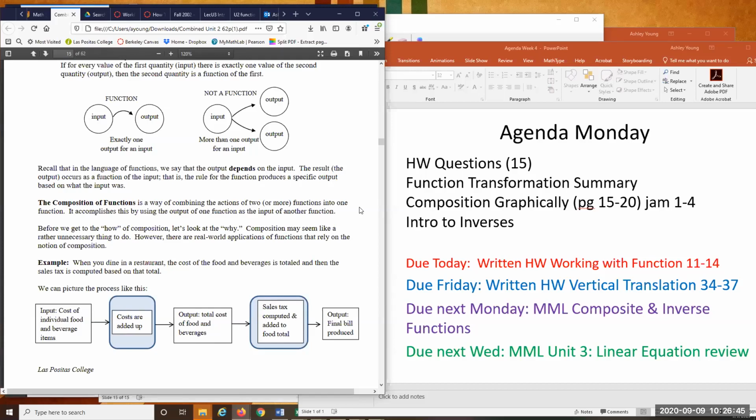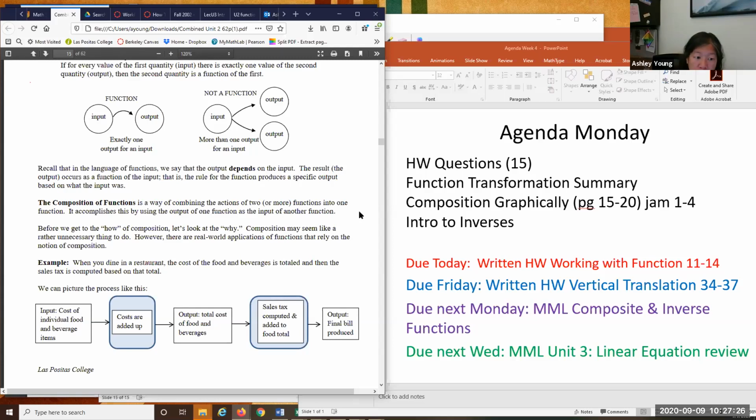It accomplishes this by using the output of one function as the input of another function. Before we get to the how of the composition, let's look at the why. Composition may seem like a rather unnecessary thing to do. However, there are real world applications of functions that rely on the notion of composition. Perfect, thank you so much.